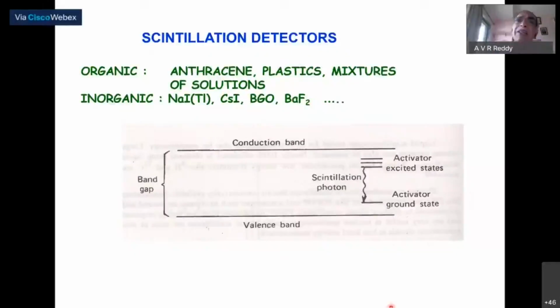So on an average, 100 to 300 electron volts is spent to produce one effective photon, which is representative of the initial gamma ray, to be available at the photocathode of the PMT. Therefore, the number of effective photons that form the signal will be reduced.